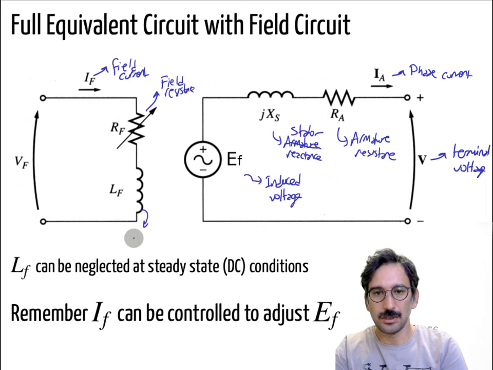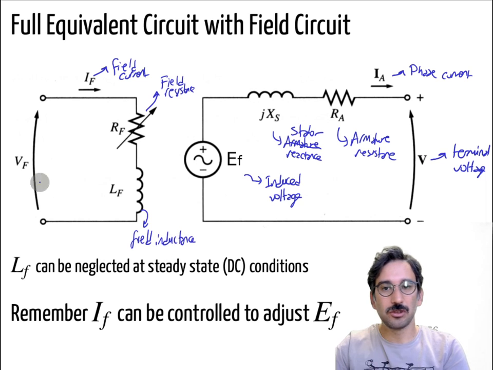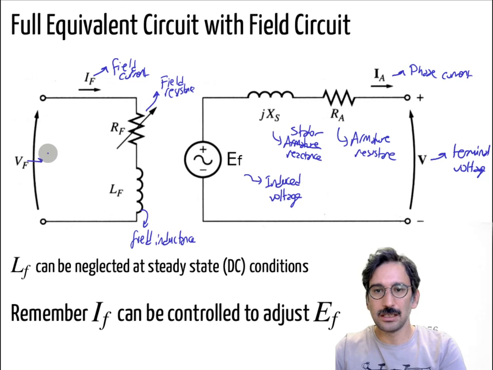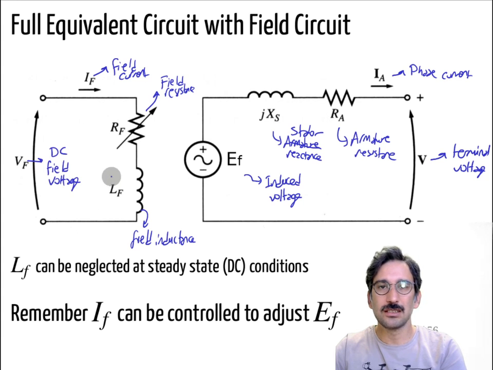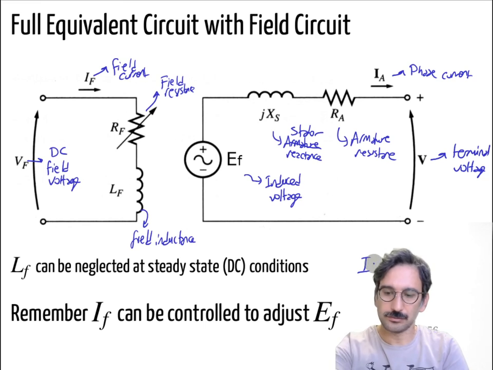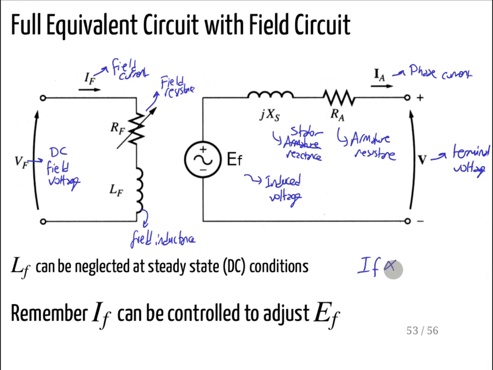And there is some field inductance, but usually that one is not really important because we are applying some DC field voltage. Since we are applying some DC voltage under steady state conditions, that LF is not important. And what is important is that EF is proportional to the field current.